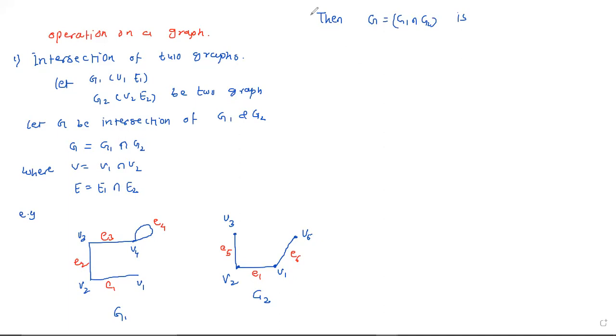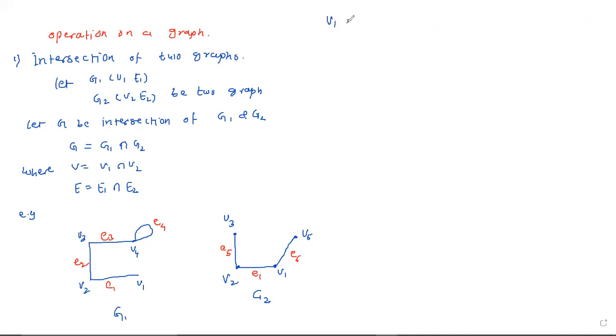So what we do, first we write what is the vertex set? V1 intersection V2. So which vertices are common? V1, V2, V3 are common. So we write V1, V2, V3. Okay. So for our convenience, first we write V1 and V2, E1 and E2.